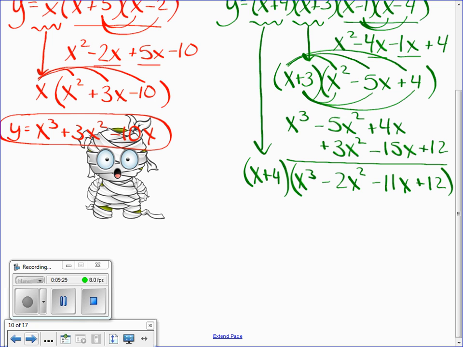I'm going to switch colors. X times x cubed. X times negative 2x squared. X times negative 11x. X times 12.